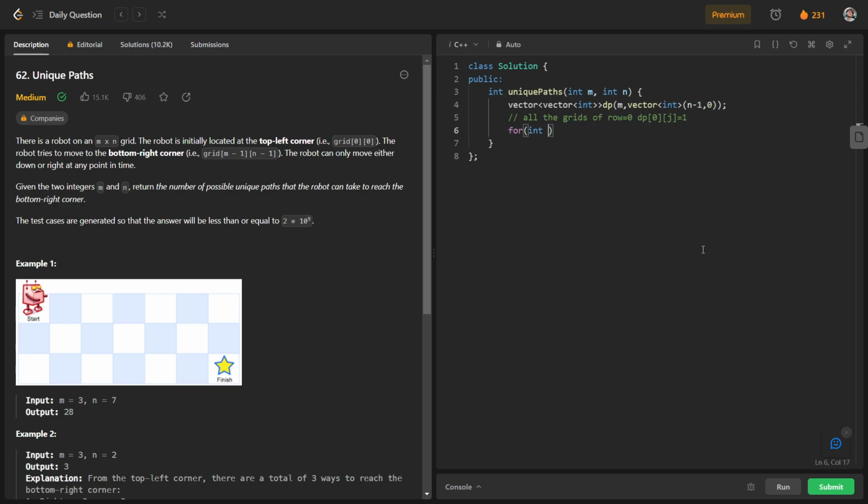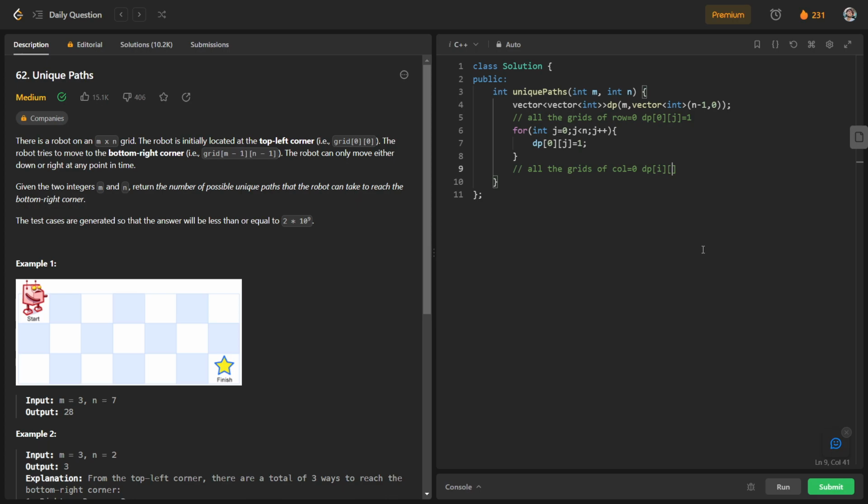So for int j equal to 0, j less than n, j plus plus, dp of 0 comma j will be nothing but 1. And similarly all the grids of column equal to 0, dp of i comma 0 will be nothing but 1. So that's what we will do here. So for int i equal to 0, i less than m, i plus plus, dp of i comma 0 will be nothing but 1.